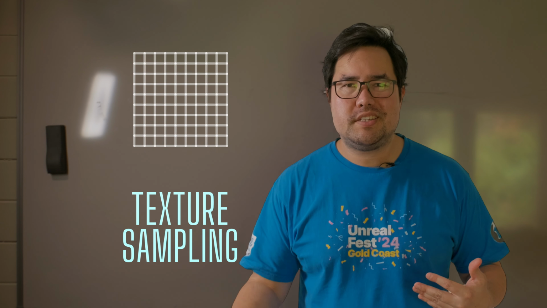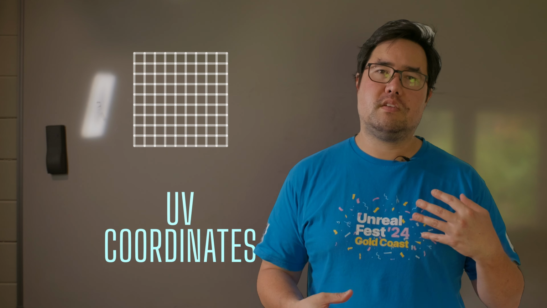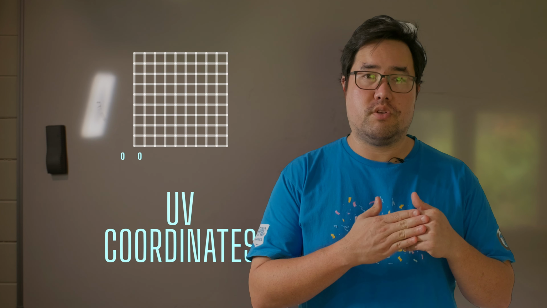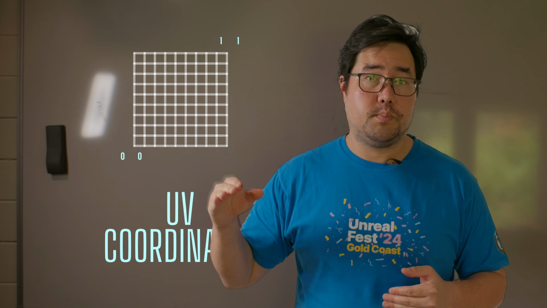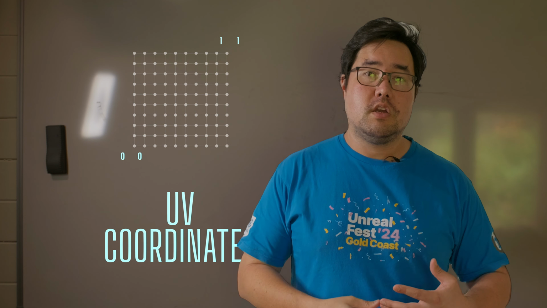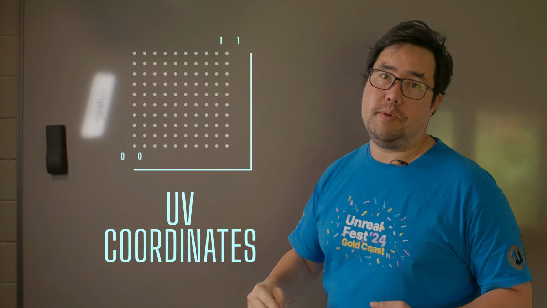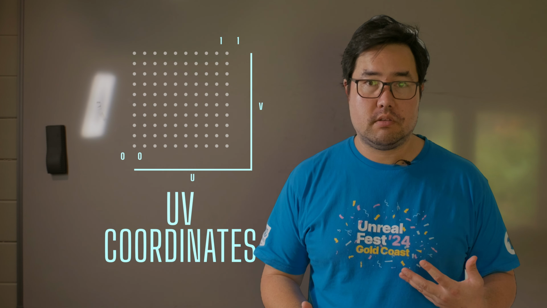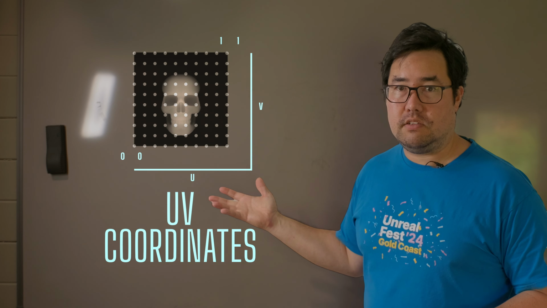So when we're talking about texture sampling, whether it's on a model or elsewhere, it requires two coordinates, UV coordinates, and they're expressed as a 2D vector going from 0 to 1. So you'll have two floats, each capped at 1. Given we're setting up the particles in a grid, we want the X and Y coordinates to be mapped to our UV coordinates so that we can place an image across the grid like this.